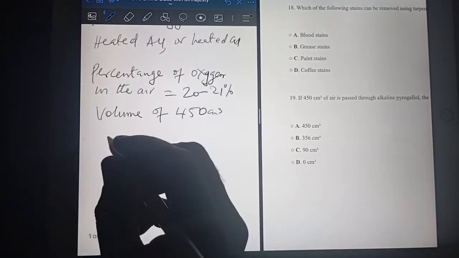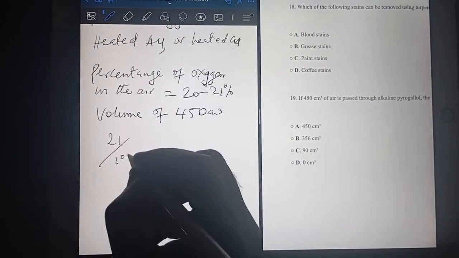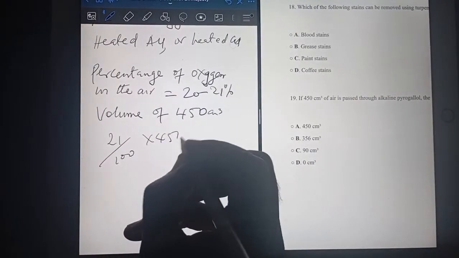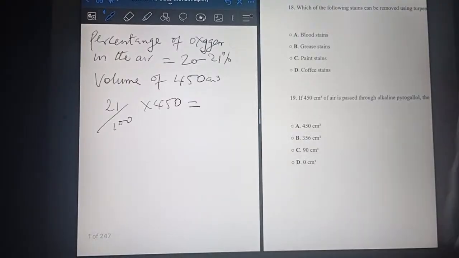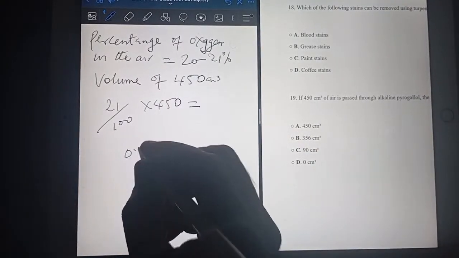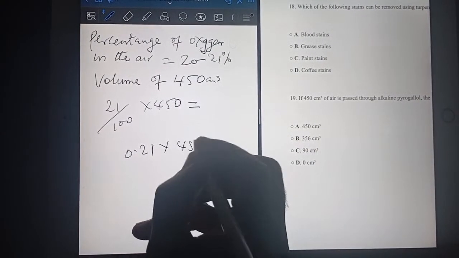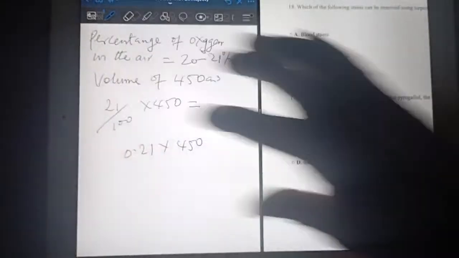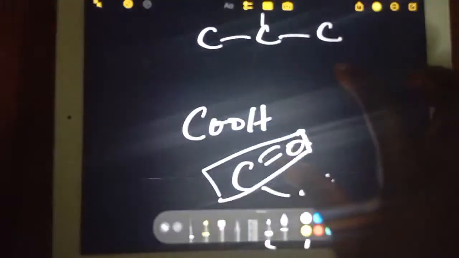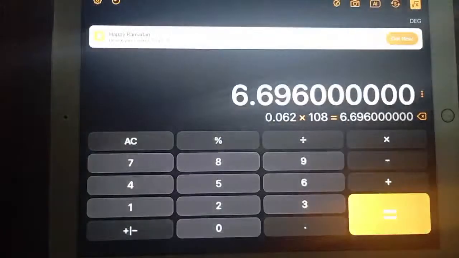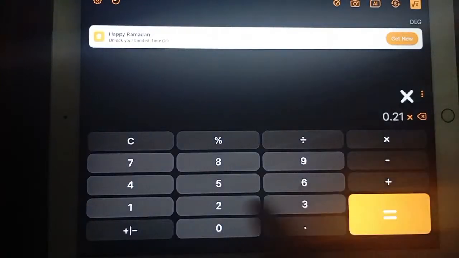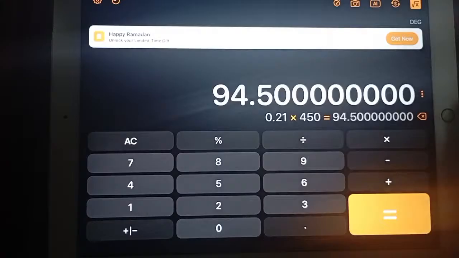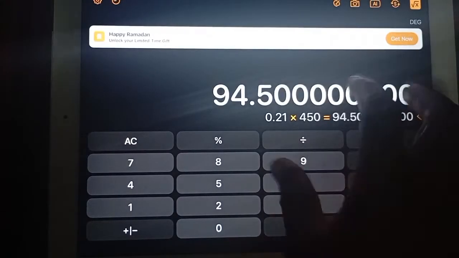So your job is just to say 21% of 450 is equal to what? Which is the same thing as 0.21 times 450. From the calculator, 0.21 times 450 is 94.5, of course.